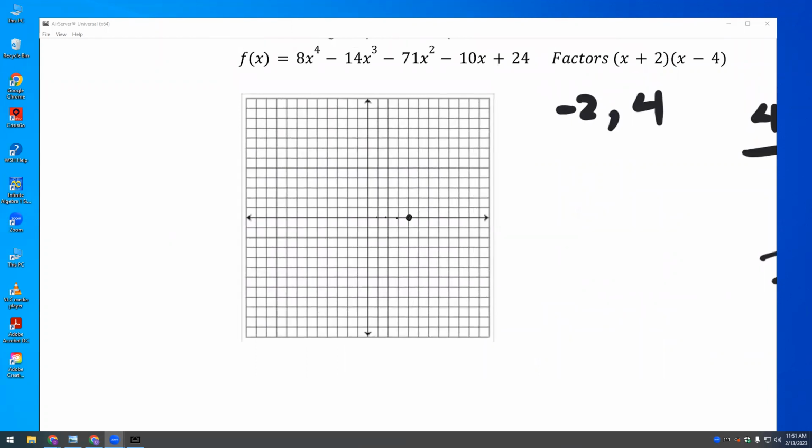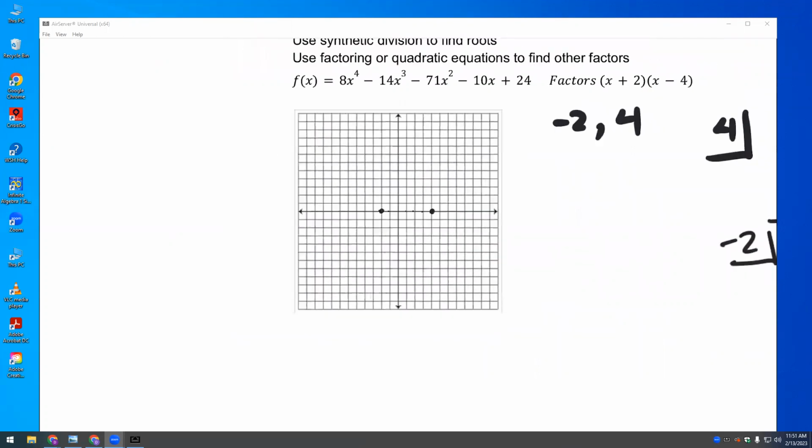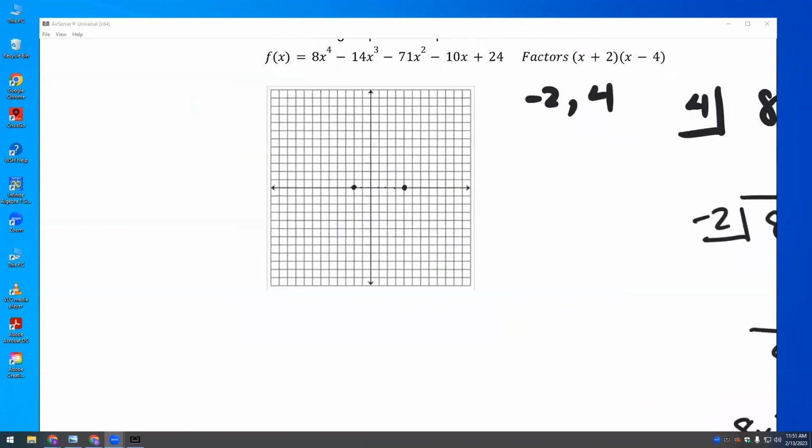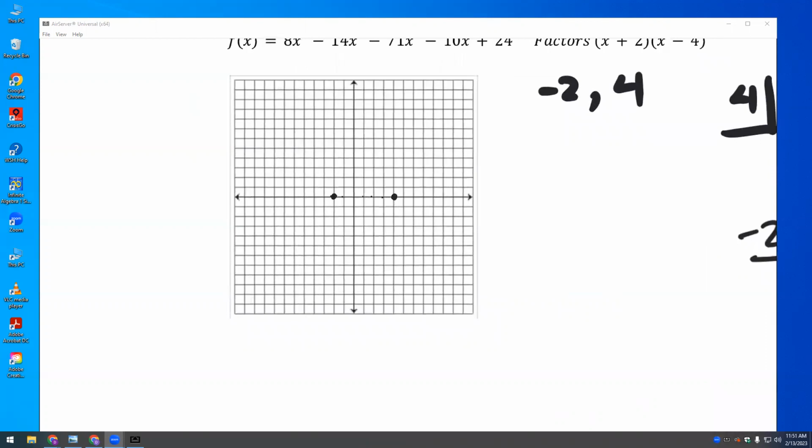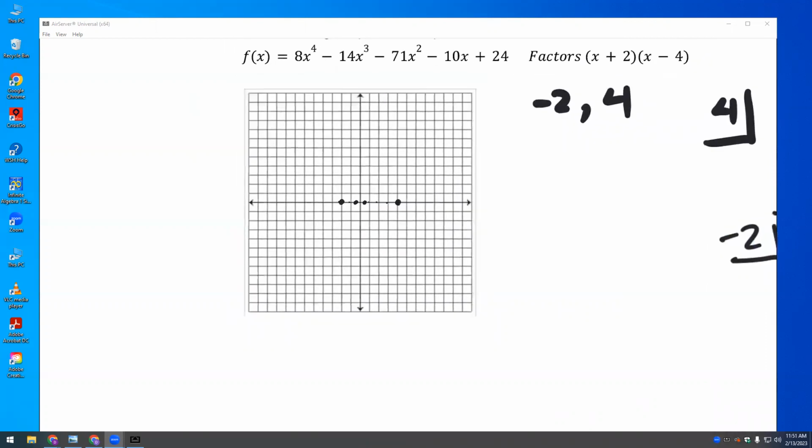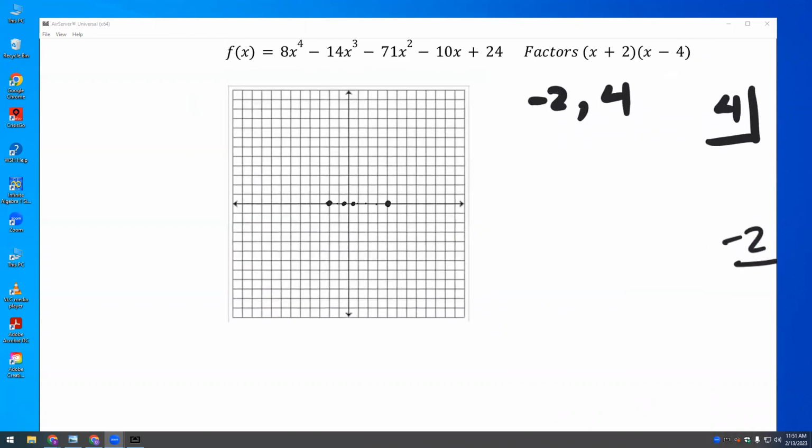You have -2. We have -3/4, which is right here, and 1/2, which is right here. Okay. And the behavior on this is what? Both go up.